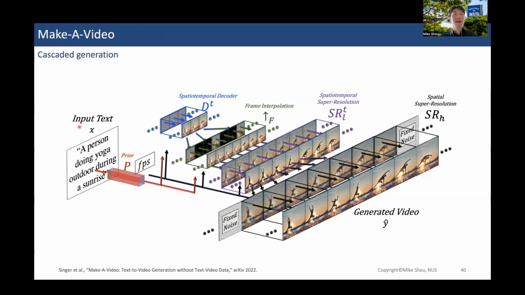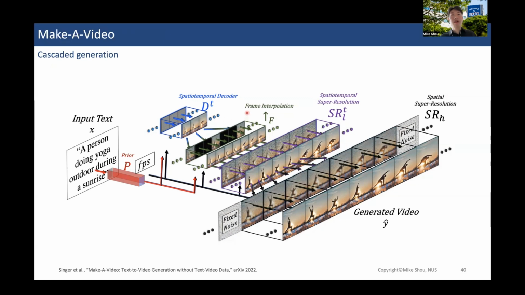So provided this input text, in Make-A-Video they have 4 stages. The first stage is the so-called spatial temporal decoder. From the noise, we decode or generate some keyframes, and they are of pretty small resolution, and the number of frames we have is also not that many.